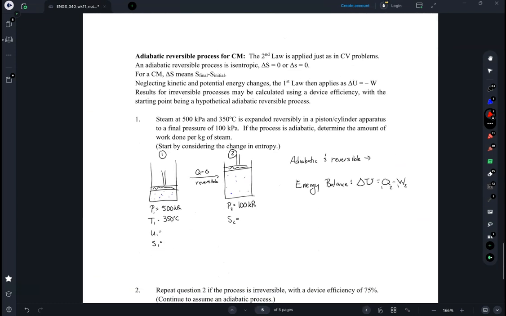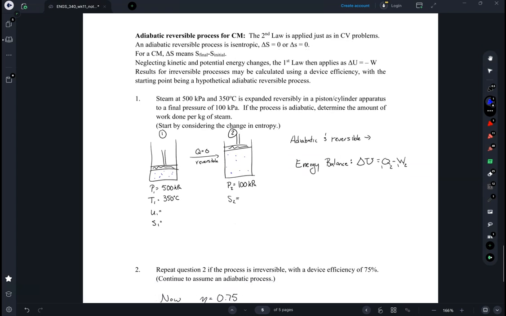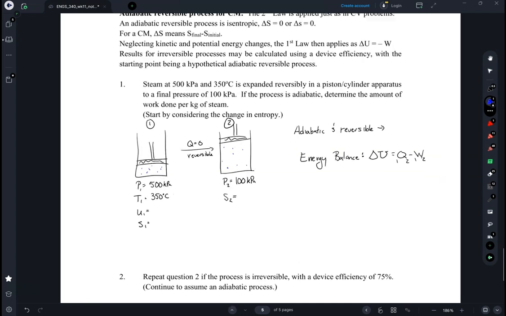So just to go back to a system that's a little bit like a problem that maybe we would have solved earlier in the class. These problems are going to work a lot like they have previously. We're just going to have a slight tweak on how we do the energy balance. So we can apply the second law like we've done before in the past, where we have things like adiabatic reversible processes, for example.